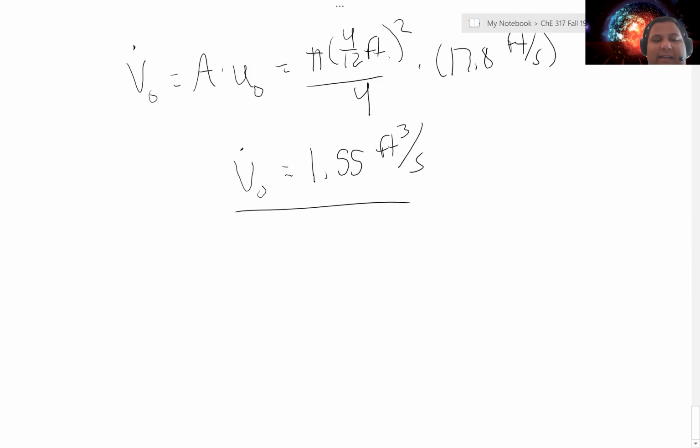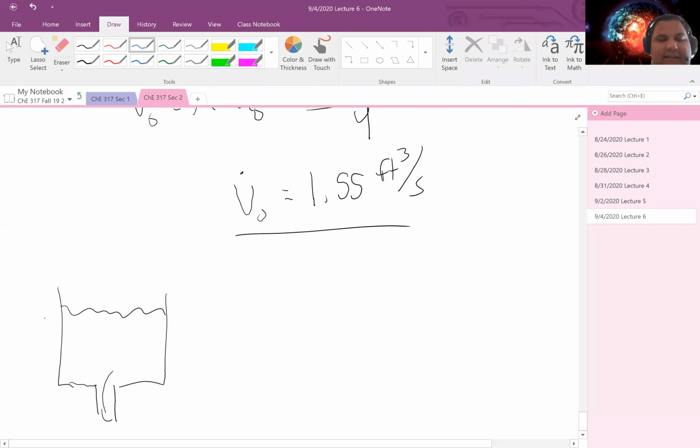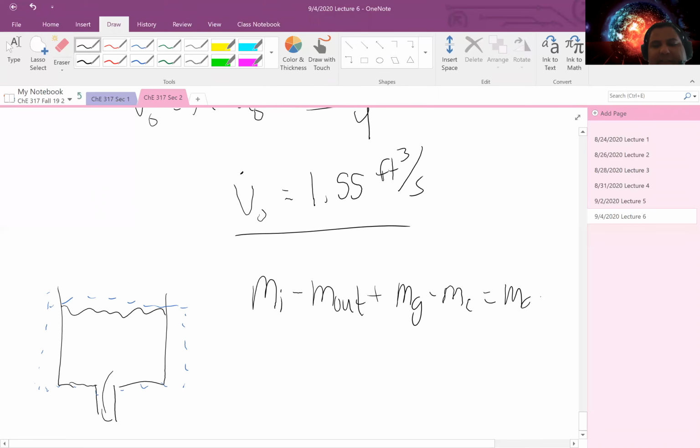And so that means we need to identify a differential that we can integrate that can effectively describe the fluid that leaves the tank as a function of the parameters of the tank itself. What I would recommend you consider is how we can define a mass balance where our system is the water in the tank, and then ask ourselves, M in minus M out plus M generated minus M consumed equals M accumulated.